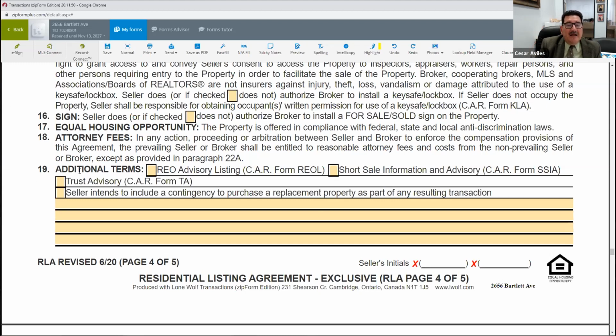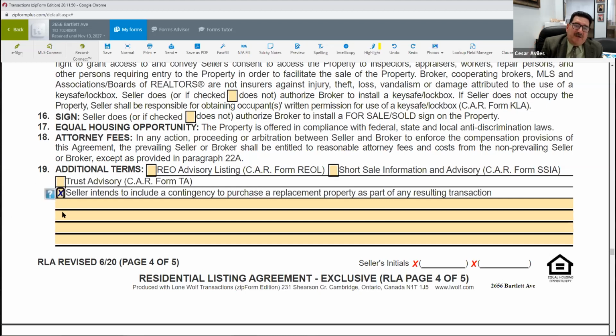All righty. Additional terms. If this was an REO listing, you click over here, another branch, another form. If this is a short sale, another branch, another form. If this is a trust advisory, another branch, another form, right? So if you are selling this property and you are going to be buying another property and you're using the money from this house to buy the other one, you are going to tell the seller you intend to include a contingency to purchase a replacement as part of the resulting transaction.